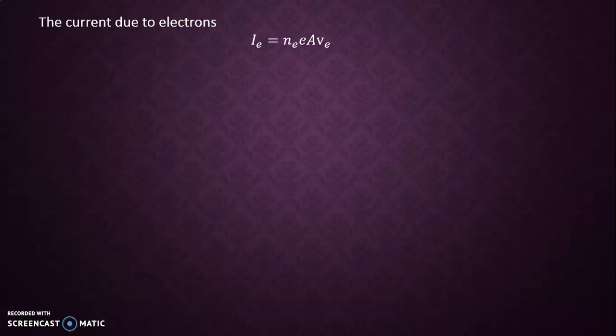So I suffix E is equal to N suffix E into small e into capital A into V suffix E. Again see, this I suffix E gives the current due to the movement of electrons. N suffix E is the concentration of electrons. The small e is the charge. Capital A is the cross-section area. V suffix E is the drift velocity of electrons.